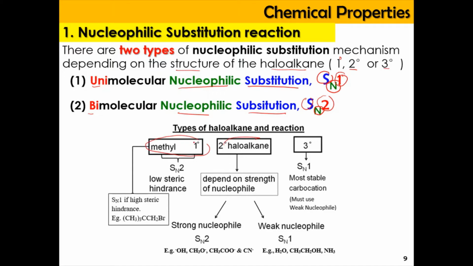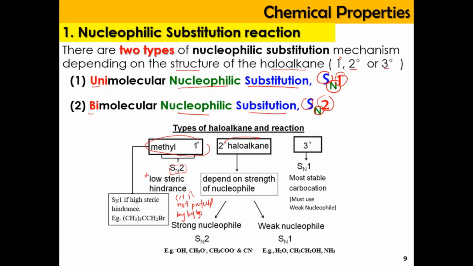So for the primary and methyl haloalkane, it will usually undergo SN2, where it is the usual case where it has a low steric hindrance. So low steric hindrance means that it is not protected by big groups.